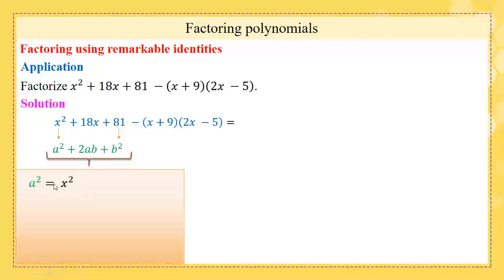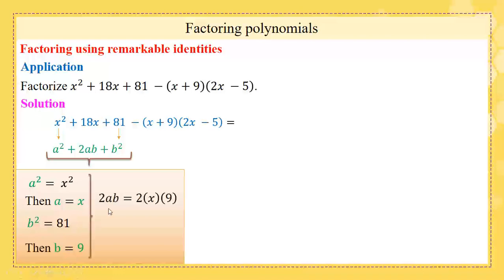Here, a squared equals x squared, then a equals x, b squared equals 81, so b equals 9, and 2ab equals 2 times x times 9, which is equal to 18x, which is true. Now we apply the remarkable identity to get x squared plus 18x plus 81 equals x plus 9 squared.